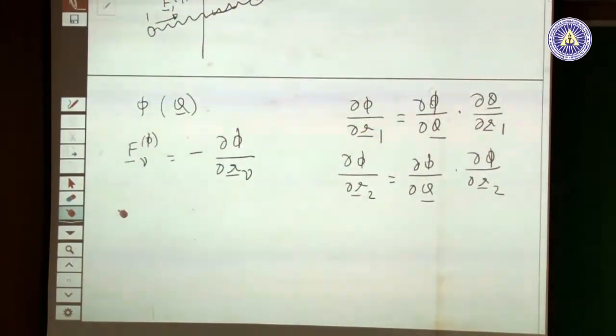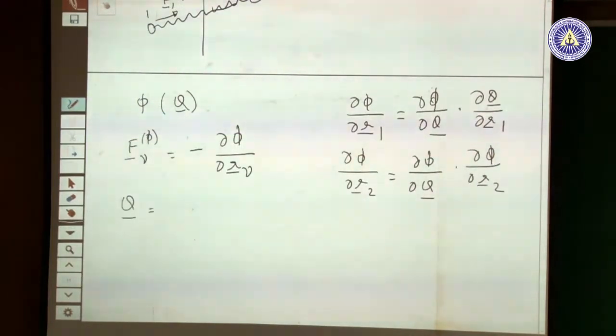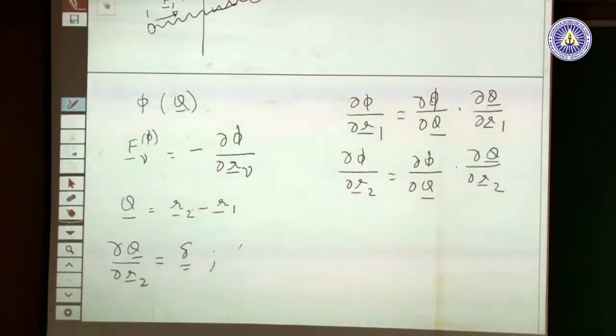But we know that q is r2 minus r1. Del q over del r2 is 1, actually the unit tensor delta, and del q over del r1 is minus delta.